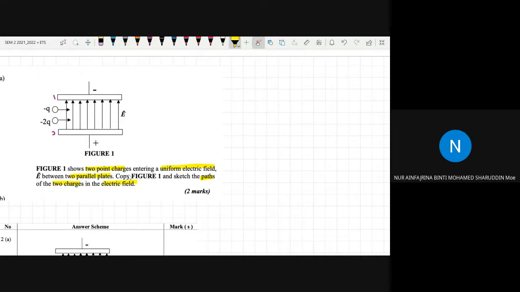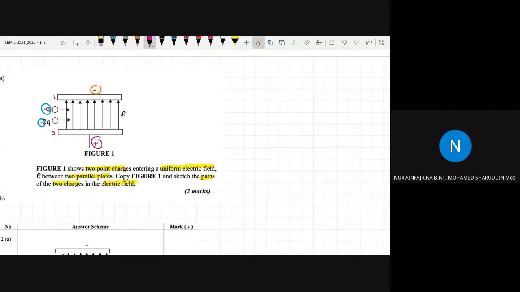Okay, now, so we have 2 charge and both charge is negative charge. So as you can see, both is negative charge. If negative charge, will it be attracted to negative plate or positive plate? Anyone? Positive. Very good. Negative charge will be attracted to positive plate.